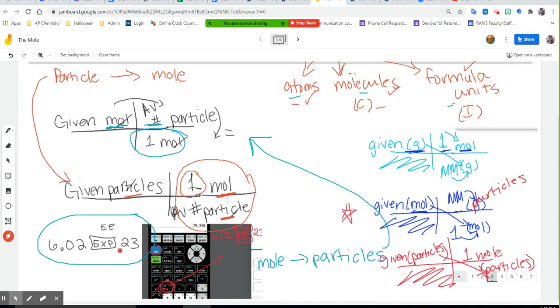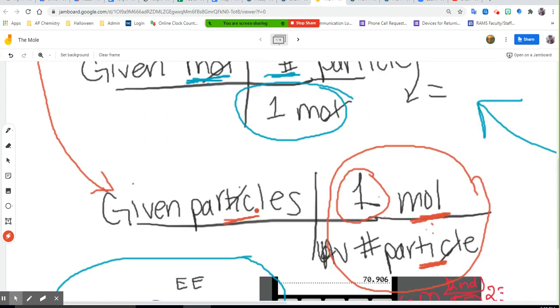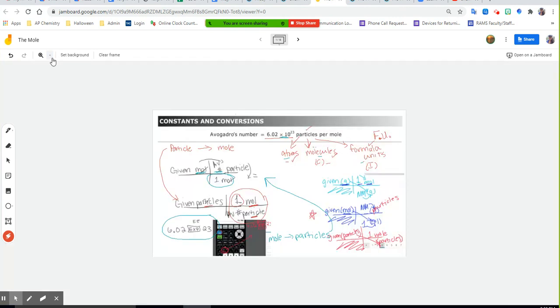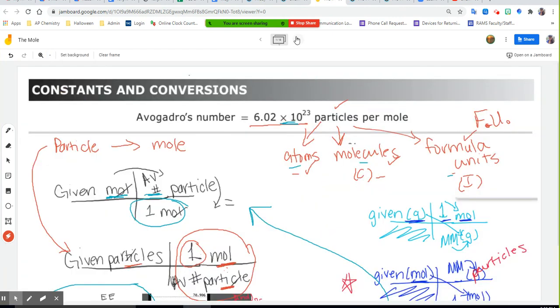So that's what you're looking for. You're either looking for exponent or you're looking for EE. Okay. And so I wanted to make sure you guys knew that that was there. And so you would basically type in 6.02, and then you would push second EE and then follow up with the 23. So it works the same exact way, but I just want to make sure you guys knew that you have that.